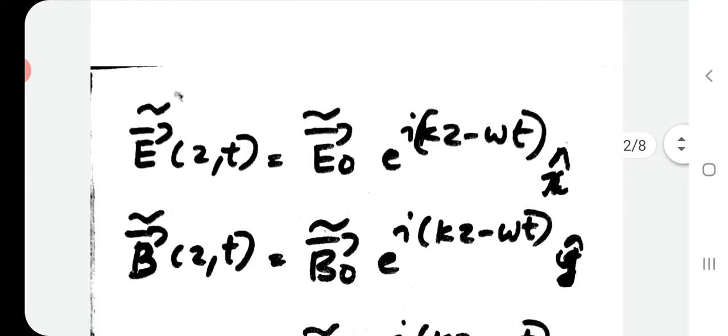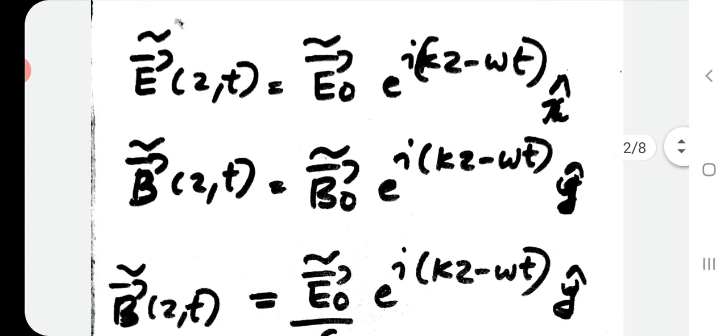Now we are representing the complex electric field associated with the electromagnetic wave, E of z, t. We know the electromagnetic wave is advancing in the z direction.